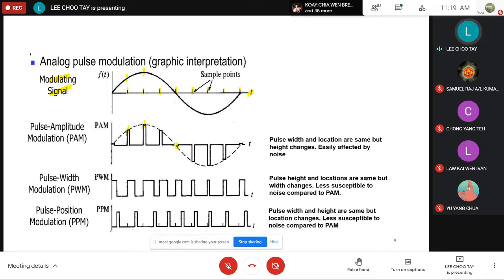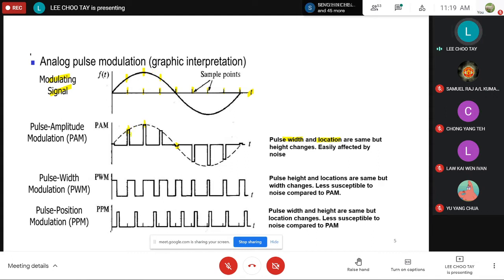For pulse amplitude modulation, the pulse width is constant and the pulse location is constant as well. The pulses are generated at fixed intervals, and the pulse width is fixed, but the pulse amplitude varies according to the amplitude of the message signal.